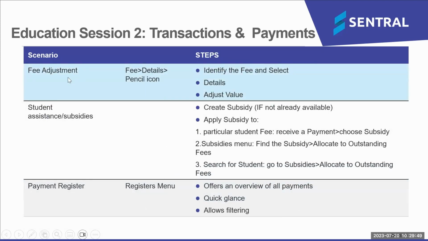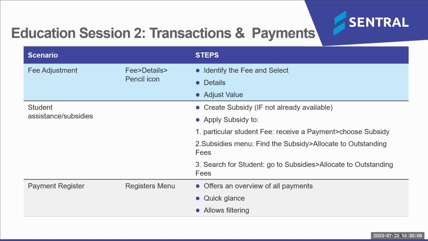We also looked at the fee adjustment, as I showed you, by clicking on that little fee icon and the fee details and pencil icon. We have looked at how to identify that particular fee and edit the fee. It was the incorrect amount.